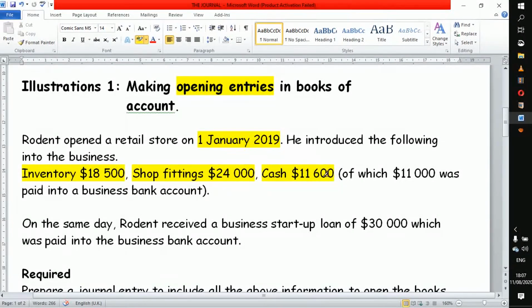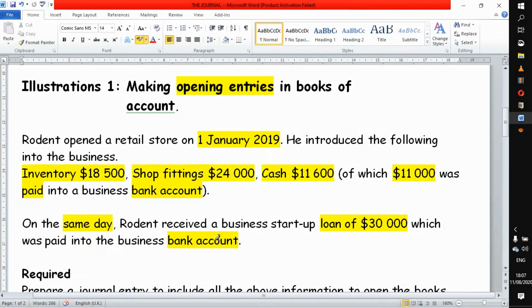But of this cash amount, 11,000, sorry, was paid into the business bank account. On the same day, 1 January 2019, Rodent received a loan of 30,000, which was paid into the business bank account again.